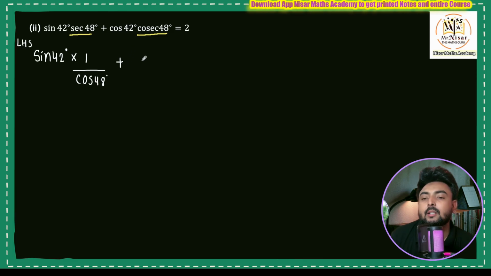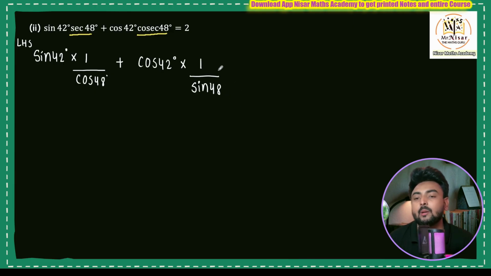Plus cos 42 as it is, and cosec is the reciprocal of sine, so I can write it as 1 by sine 48. Why am I doing this? Because we have the complementary relation between sine and cos, and we don't have any relation between sine and sec here.